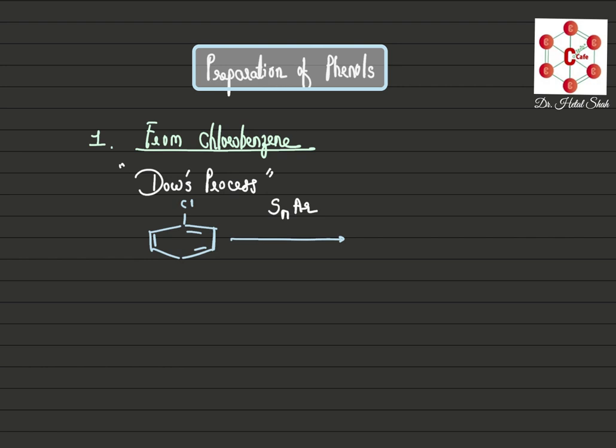So now just understand the conditions. We're taking aqueous NaOH and we're going to keep a very high temperature of 623 kelvins and 300 atm of pressure.